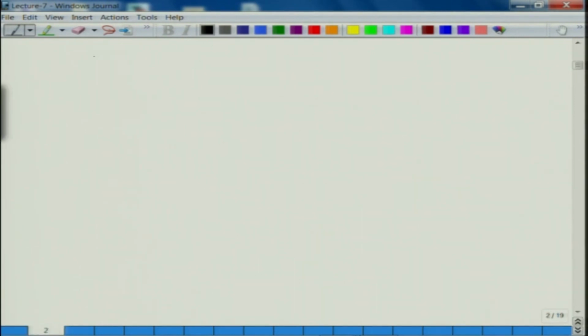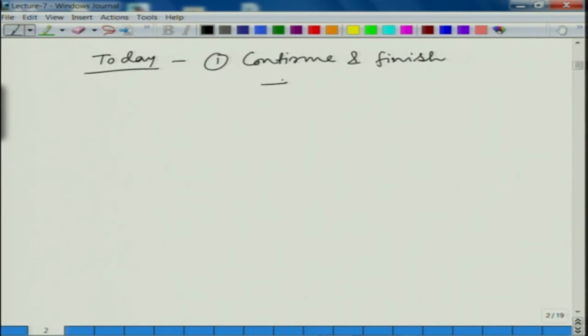So today what we are going to look at are the following. First, we will continue and finish what we started in the last class, that is the hourly and daily radiation, how they are linked. That we will finish today.